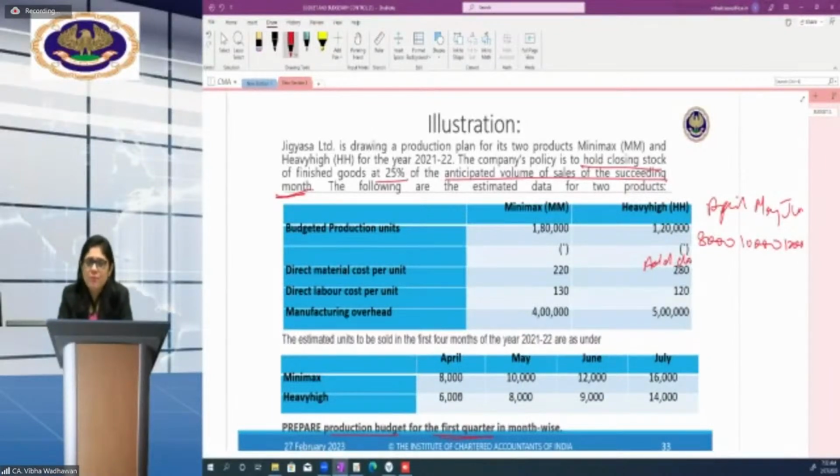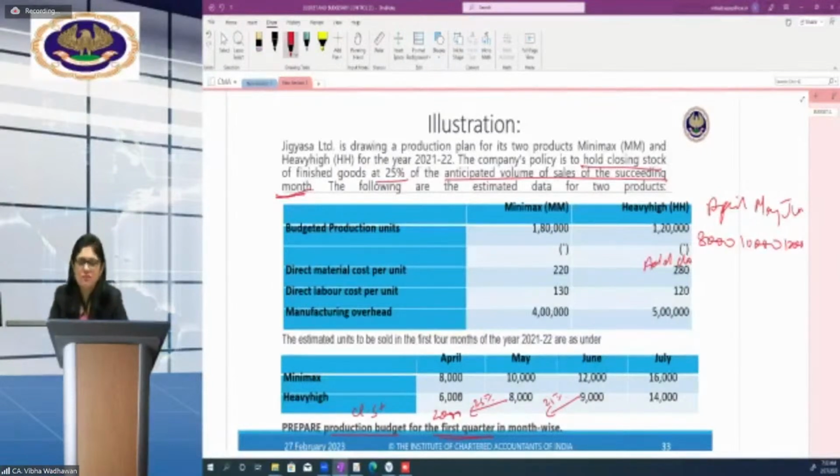For the second product, heavy high, closing stock of April will be 25% of the sales of May. So sales of May is 8,000, 25% of that, so 2,000 will be the closing stock of April. Then for May, 25% of the sales of June will be the closing stock.